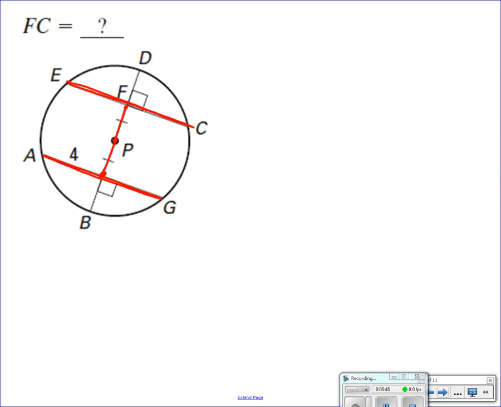So the diameter bisects chord AG, making, I'm going to call that X, XG equal to 4. But also, EC is equal to AG, so each one of those segments is 4, making FC equal to 4 units long.